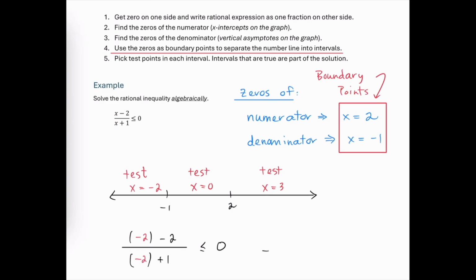Then we evaluate to see whether or not this is a true statement. In the numerator we have -2 minus 2, which is -4, and in the denominator we have -2 plus 1, which is -1. And we copy-paste the other side of the inequality. Is this true? Well, no, it's not, because -4 divided by -1 is +4, and +4 is not less than 0. So this interval does not work.